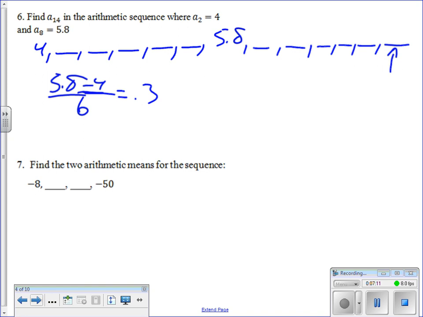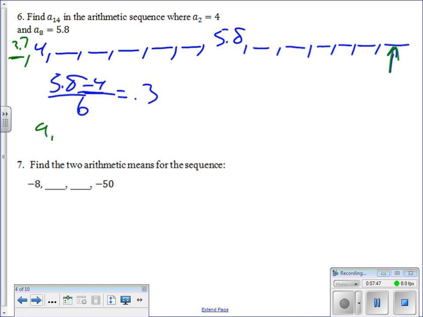Now, there are a couple of ways to get to the end from here. I can add 0.3 several times to get to this. But let's say it's farther down the line, and doing that several times doesn't work real well. Well, here's the thing. This is a sub 2. 1 in front of that is a sub 1. So if I subtract 0.3, I get 3.7.